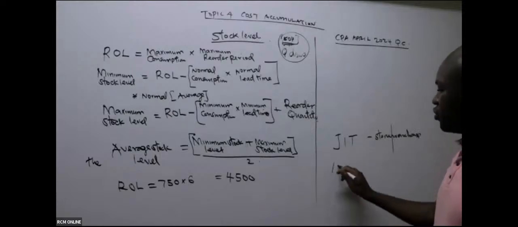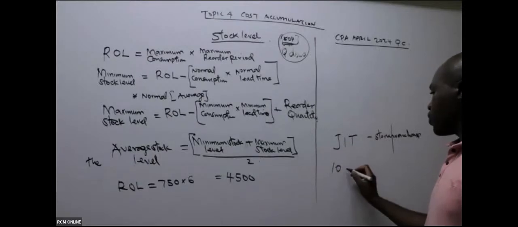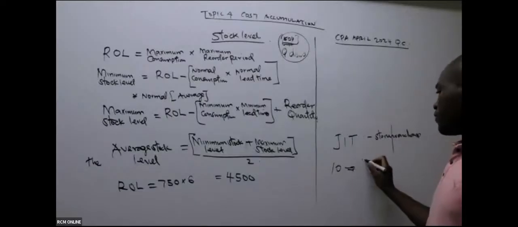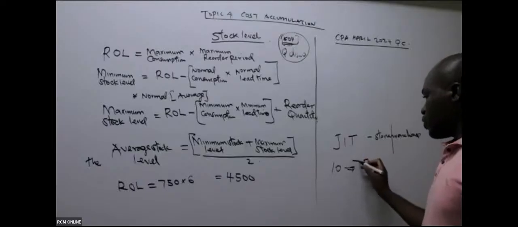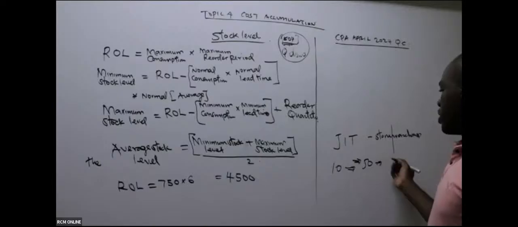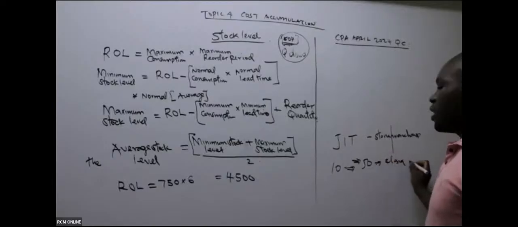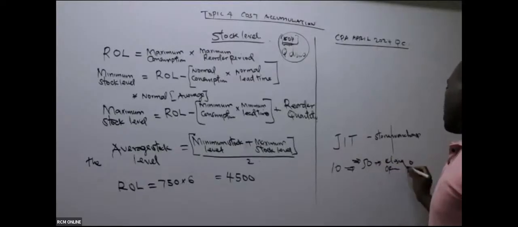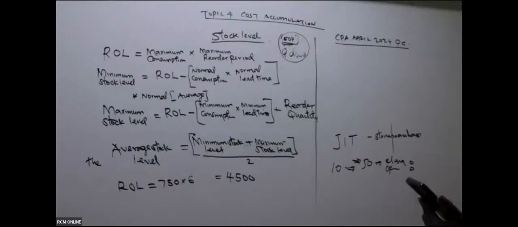If you need 10 units per day, that's what will be delivered to you at that particular point. If you need 50 units in a day, that is what will be delivered to you. So you only sell 50 units in a day. It means you will not be having closing stock. Your closing stock balance will be 0. And if closing stock balance is 0, your opening stock balance will automatically be 0 for the next day.